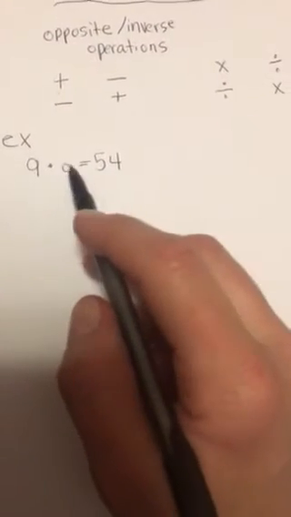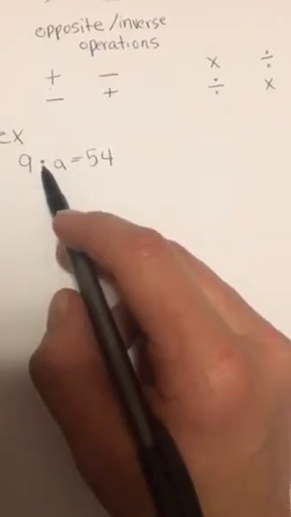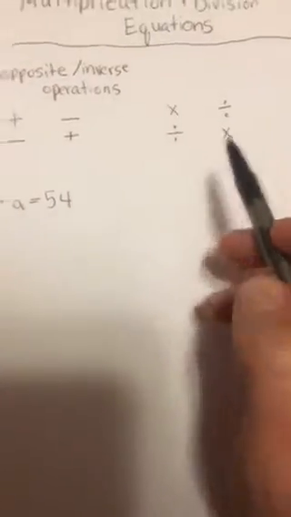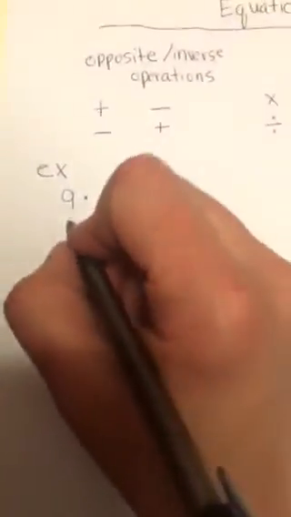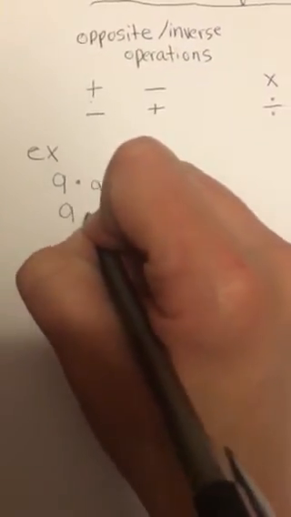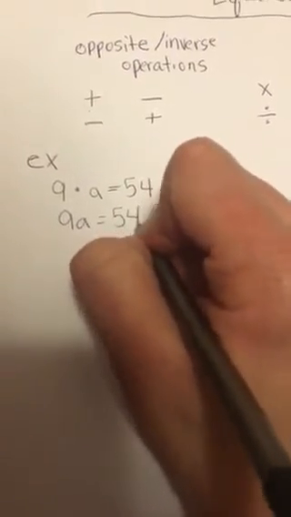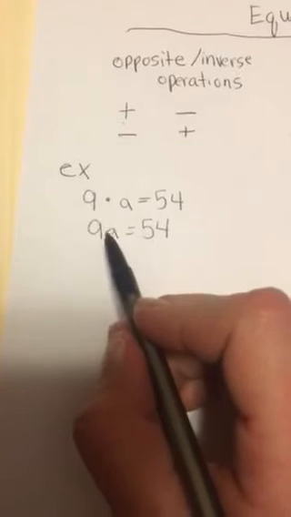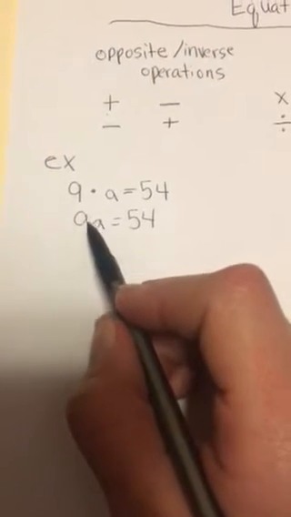Now, I want to show you something. You're not going to always see that dot for multiplication or the X that we're always used to. When you start getting into multiplication and division equations, you're going to see 9A equals 54. So they're not going to give you an operation symbol.